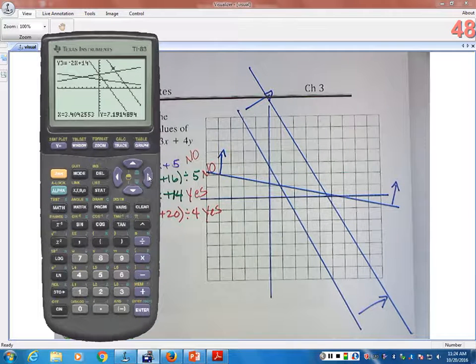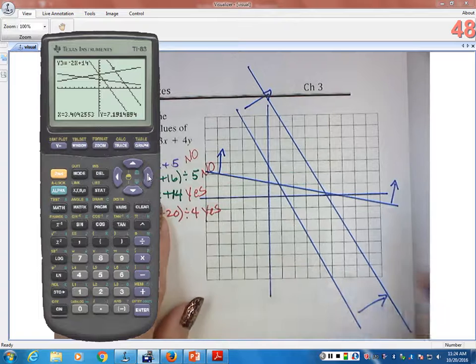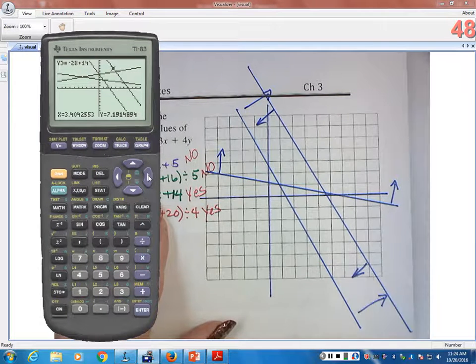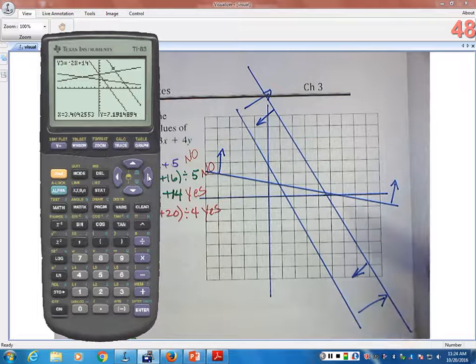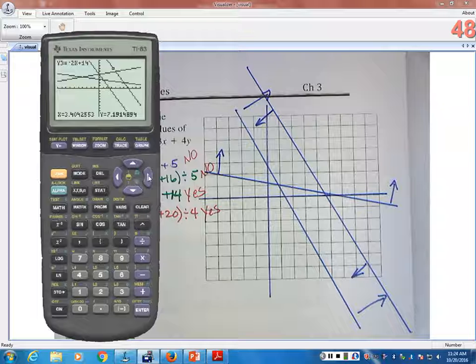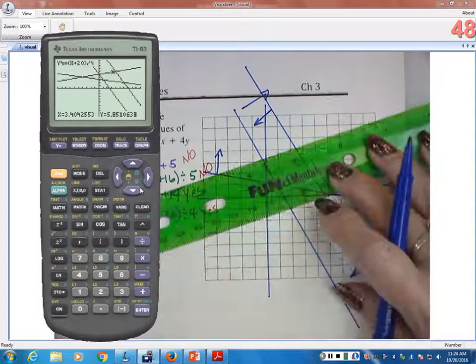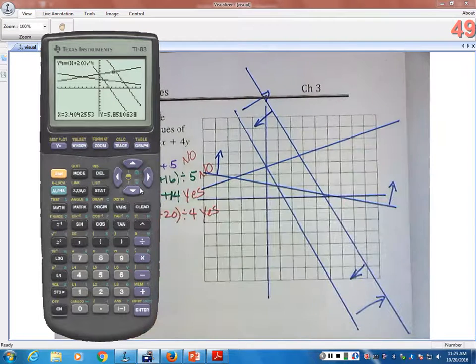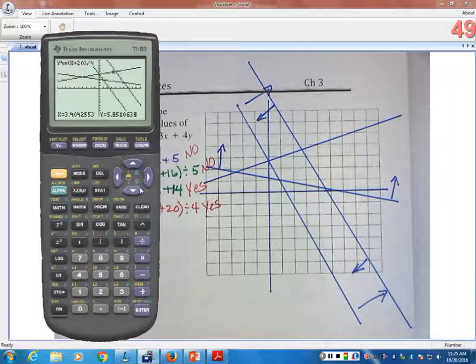And (0, 0) did work for that one. So I'm going to shade this direction. So right now, it's looking like this area. And then the last one is going to be the one that's traveling uphill. And (0, 0) does work for it.